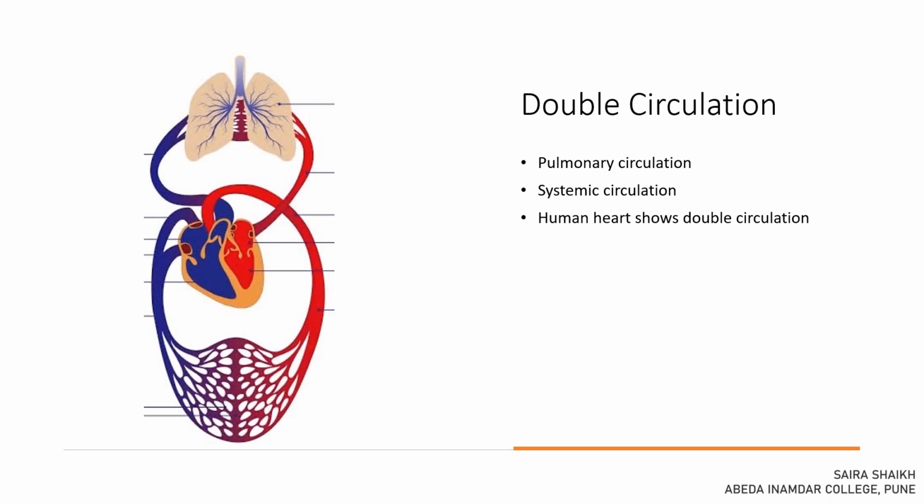This cycle is called pulmonary circulation. From the heart, oxygenated blood reaches the body cells, and from the body cells, deoxygenated blood is again collected into the heart. This is one cycle. It is the systemic circulation. It is observed in all birds and mammals.